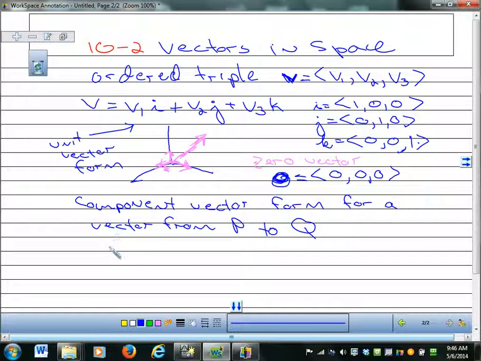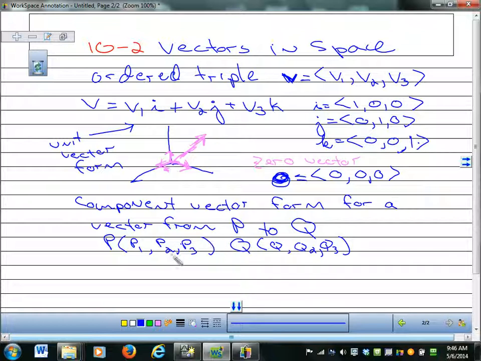It's given by, where point P has the coordinates P1, P2, P3 for the x, y, and z points, and Q has the points Q1, Q2, and Q3. That's with a comma, because this is just indicating a point.